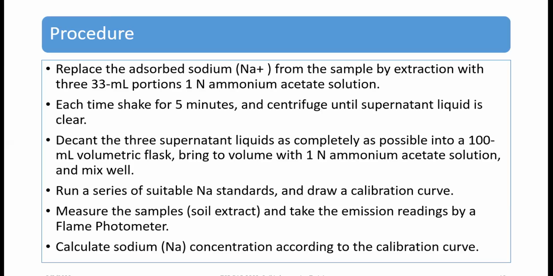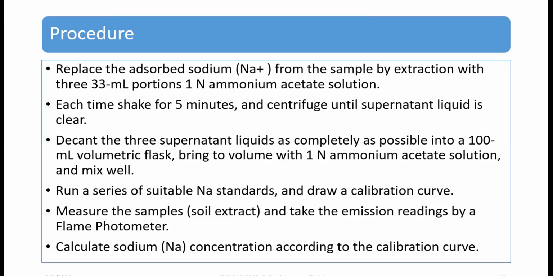Bring to volume with 1N ammonium acetate and mix well. Now the extract is ready, 100 mL, and you are now going to identify the sodium in the extract.